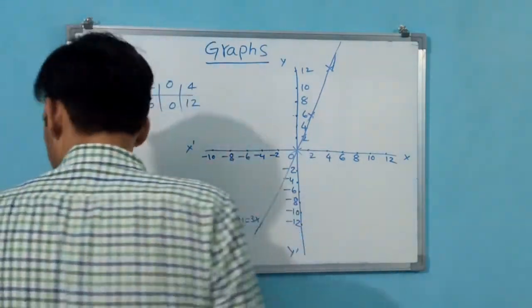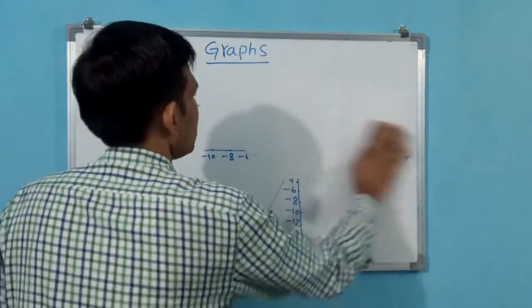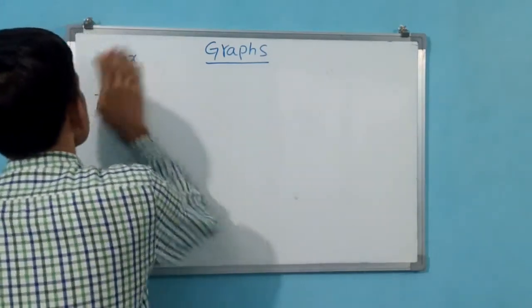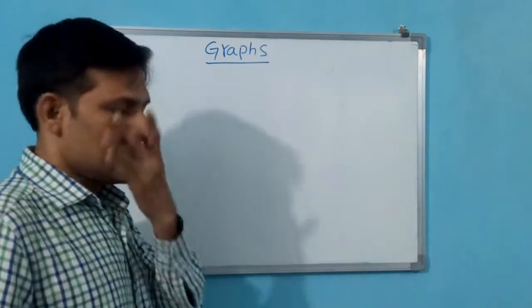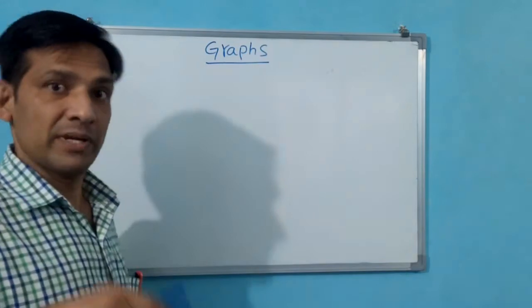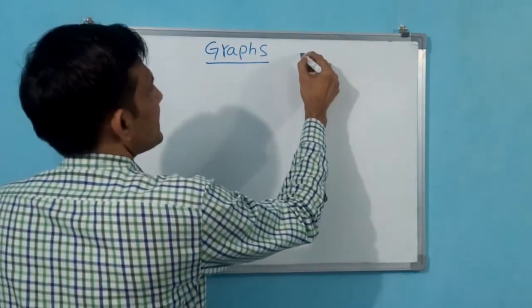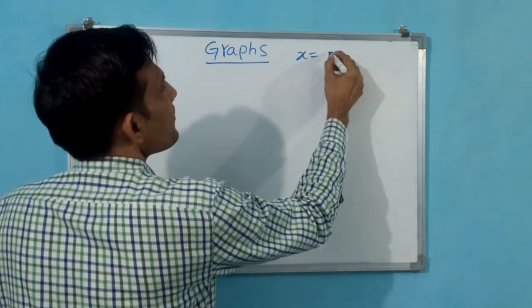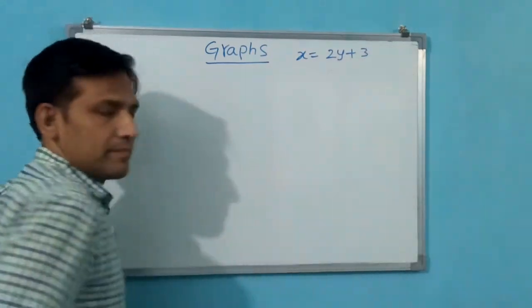We see another type of graph also. Until now we have seen y is equal to, but graphs may come x is equal to also. Now let x is equal to 2y plus 3.